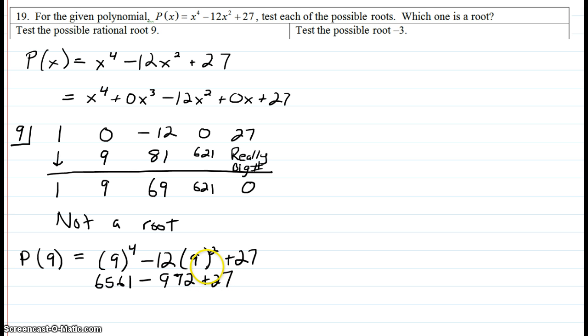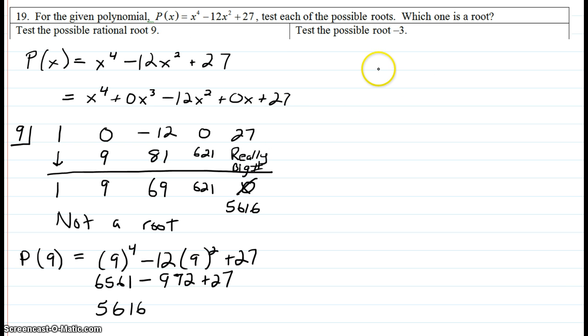So now if I do 6,561 minus 972 plus 27, I get 5,616, definitely not a 0. And so I now know that this would have been 5,616 had I just used my calculator to start with. So 9 is definitely not a root.